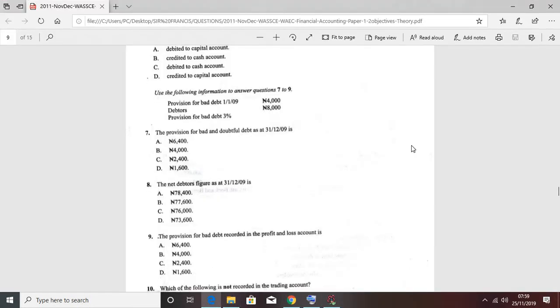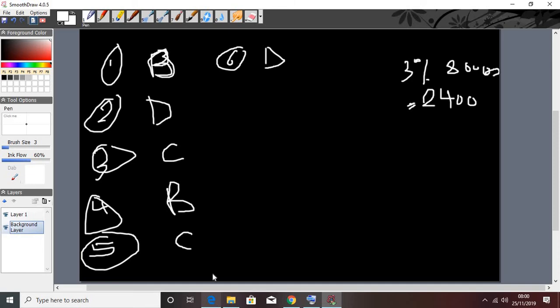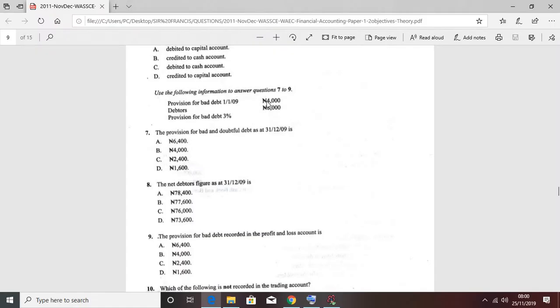But when it comes to provision for bad debt, we are only interested in the differences between the previous one and that of the current one. This one has already been catered for in the previous accounting year, and we are in the current year, so we have to find whether there has been an increase in provision for bad debt or whether there has been a reduction in provision for bad debt.